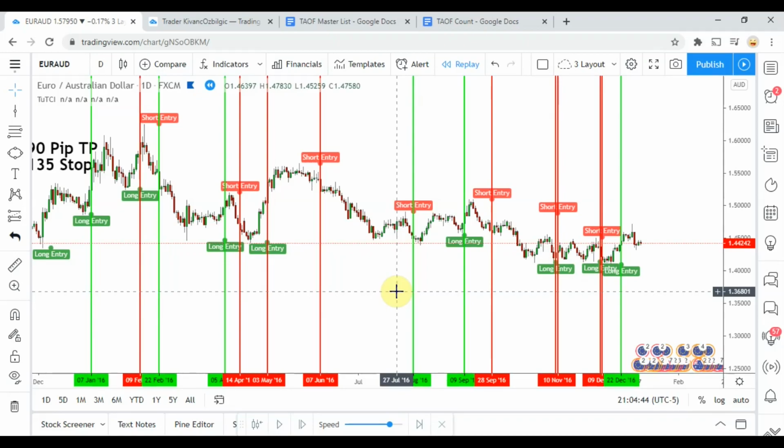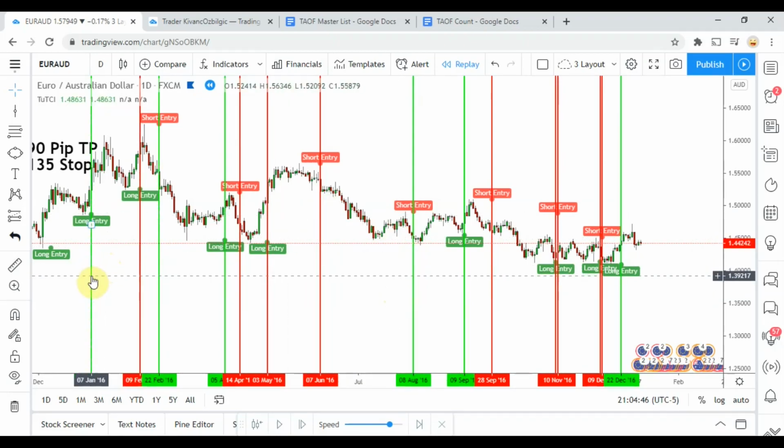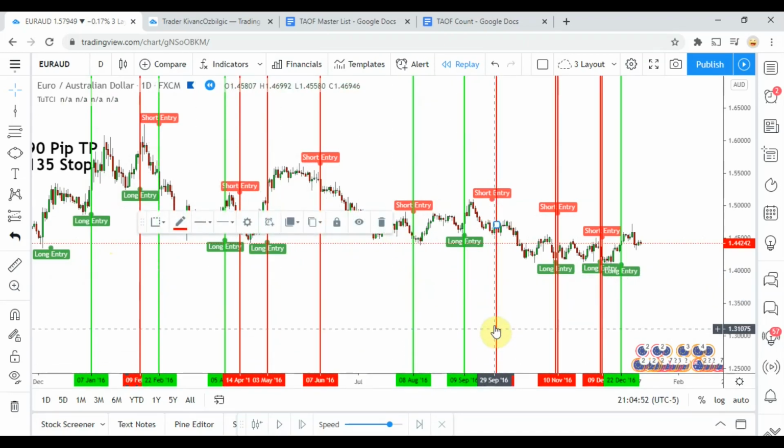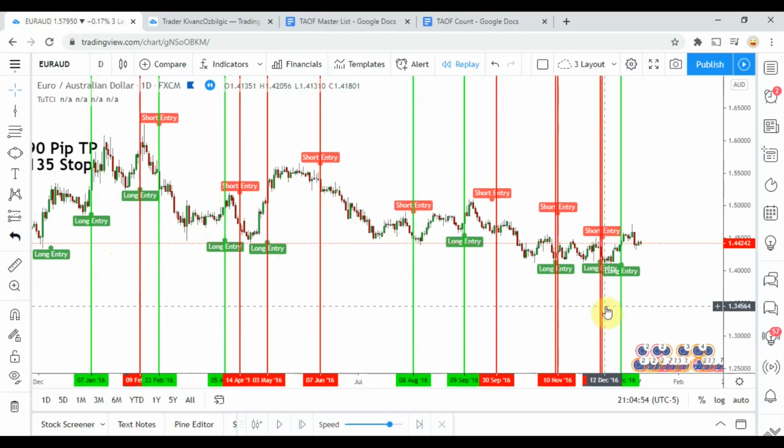Let's go ahead and add these up and see what we get out of it. So we have 1, 2, 3, 4, 5, 6, 7, 8, 9, 10, 11, 12, 13, 14, and 15. So we have 15 trades all together, and we have 1, 2, 3, 4, 5, and 6. 6 winning trades, and so unfortunately, that is not going to meet the 60% criteria.